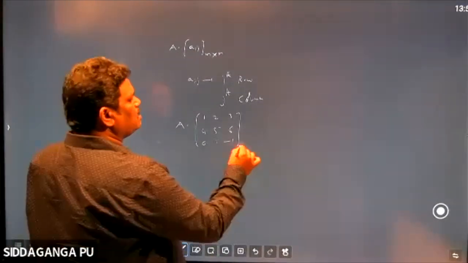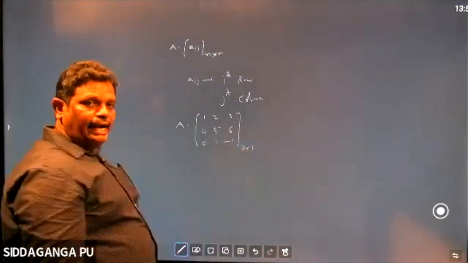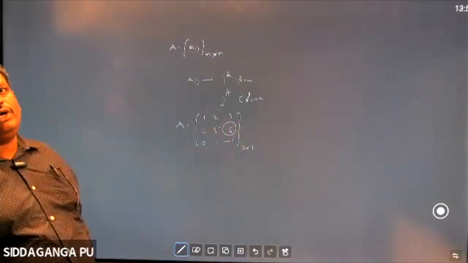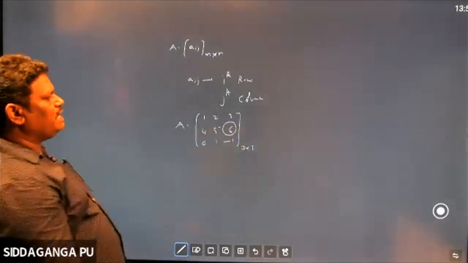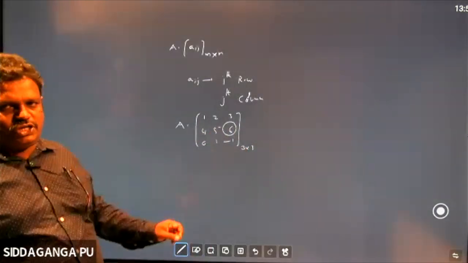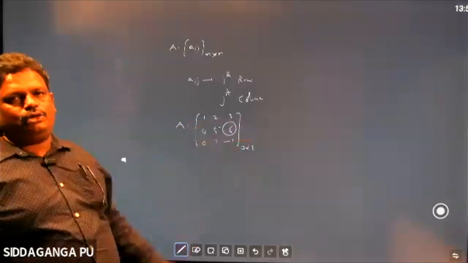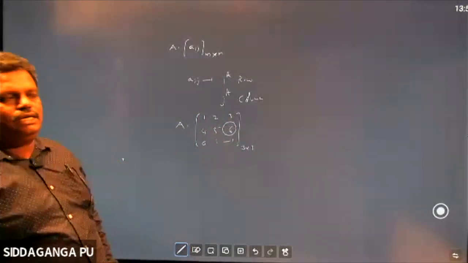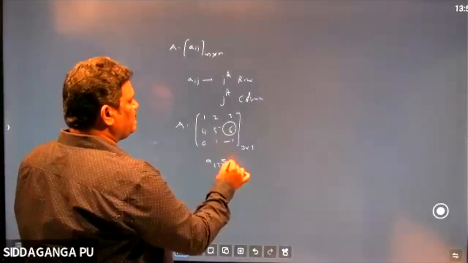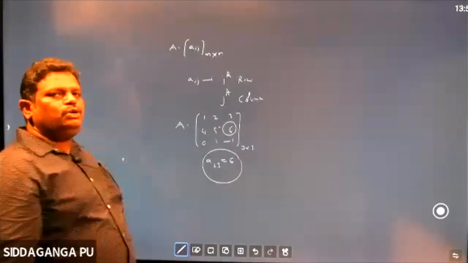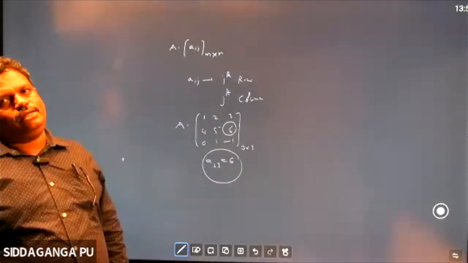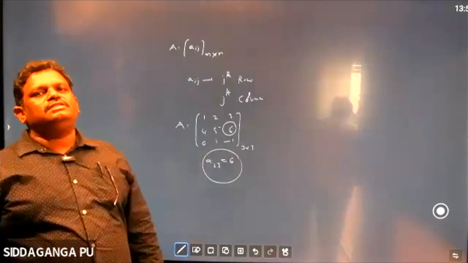Now we can find the position of an element. The number 6 lies in the second row and third column, so the position of the sixth element is A23, second row and third column.